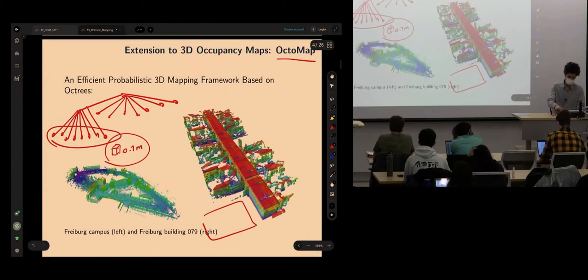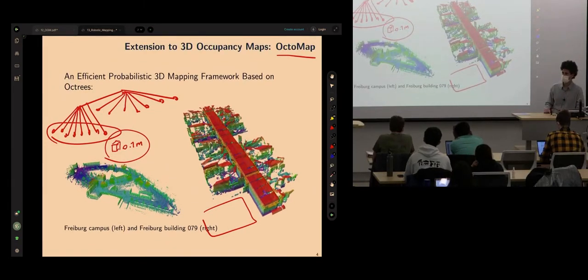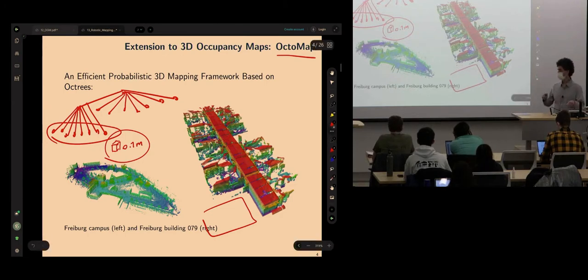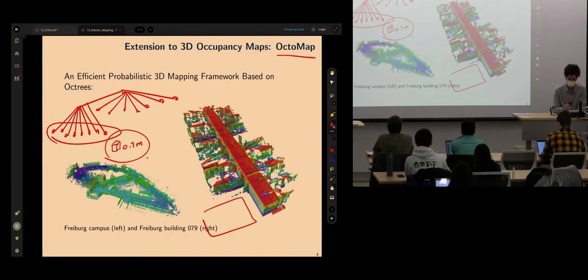So the question is whether fixed resolution is related to this multi-resolution. Whether or not you can build this hierarchy of a multi-resolution map, the leaf size is fixed. There is a discretization parameter, and that is fixed.